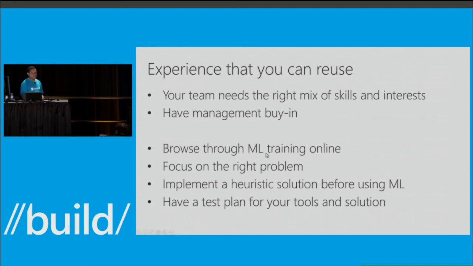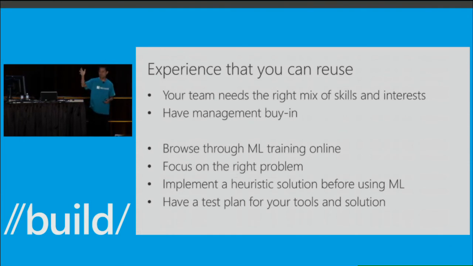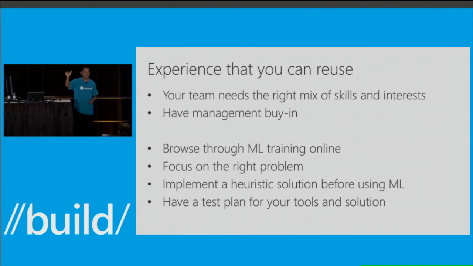Browse through the machine learning training online, those two that I showcased and others. It's extremely important for you to learn some terminology. Focus on the right problem. If we were still focusing on the hand being open or closed, we would still be there today.